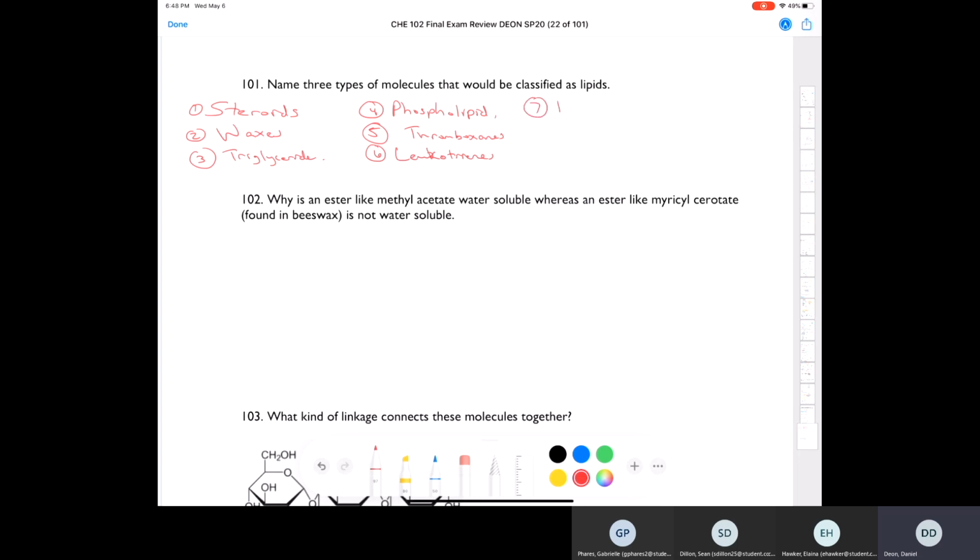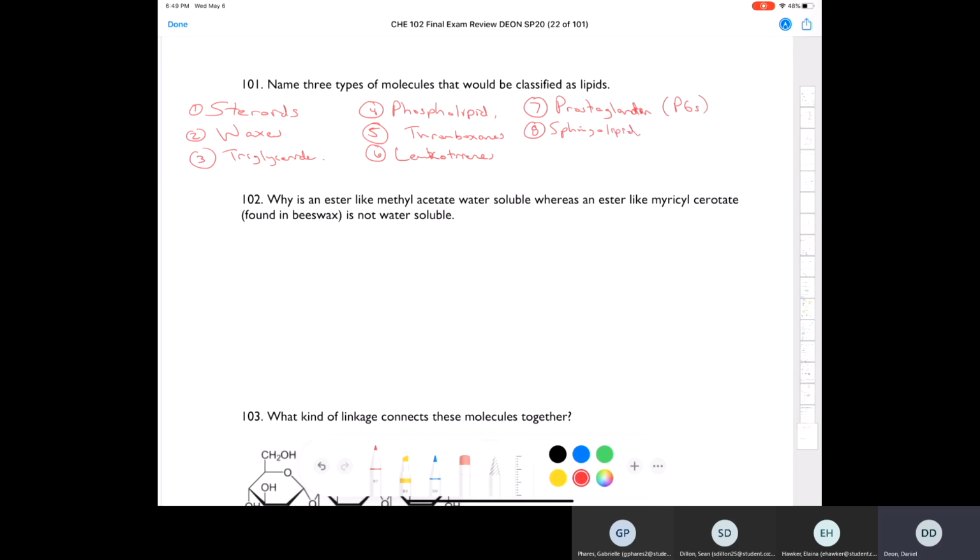Another one would be prostaglandin. The PGs. We call those the PGs, the prostaglandins. What else? A sphingolipid, which is a type of phospholipid. Anyhow, all of these count.